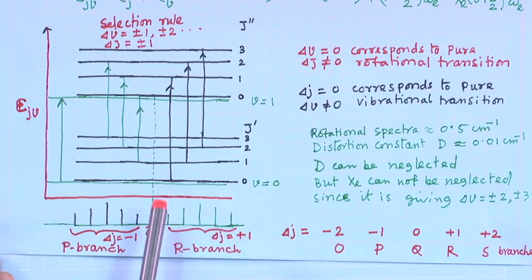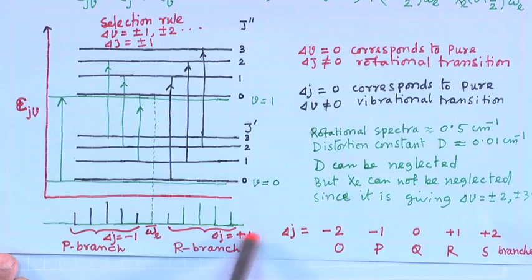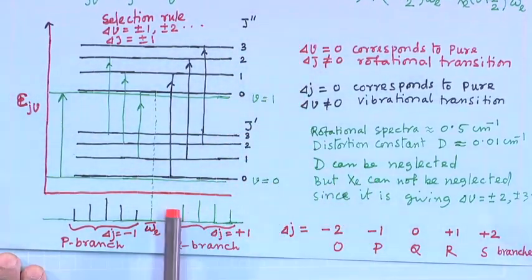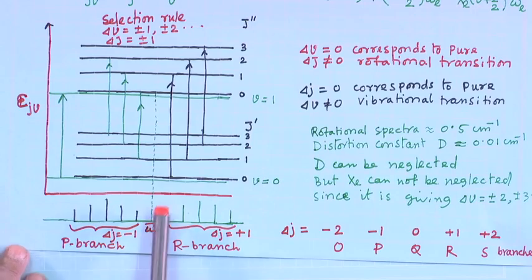So, on both sides of the original spectral line we will get a branch of spectral lines, okay. I have shown just one; there will be many transitions, and we will get a branch of spectral lines for the higher wave number side and the lower wave number side, okay.